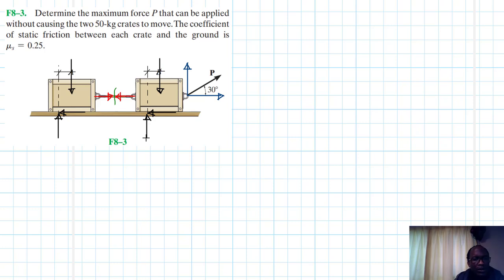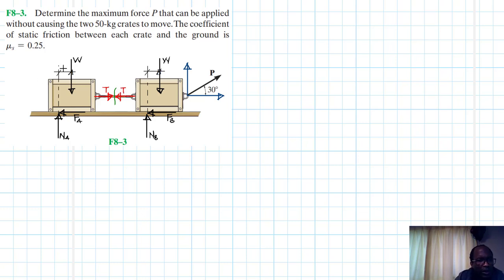Right. So let's label this. The W's are the same. Let's call this N, the normal force NB, and this is FB. Let's call this NA, and this is FA. Let's call this T, and this is the same T on this side.